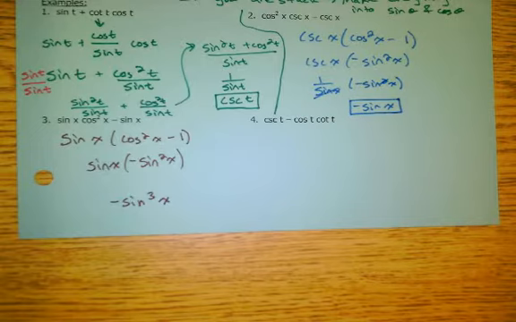What'd you get? Oh, okay. Is it this? Sine squared t over sine t. Which is equal to? Sine t.